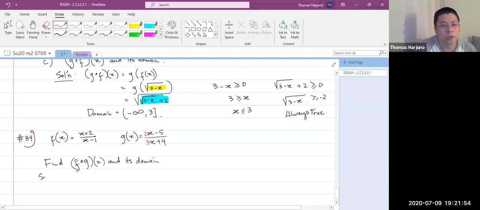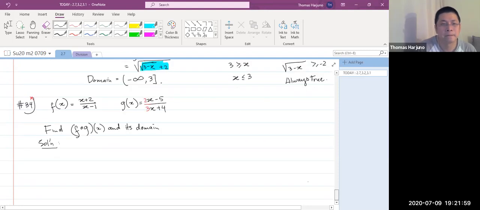So solution, f compose g of x is f of g(x). So that's f of (2x minus 5) over (3x plus 4).